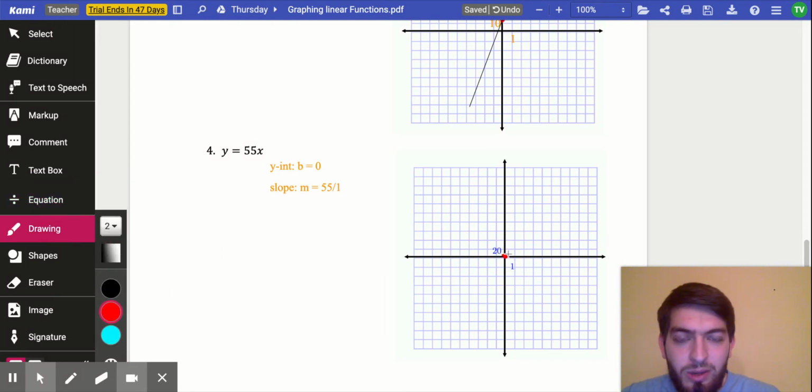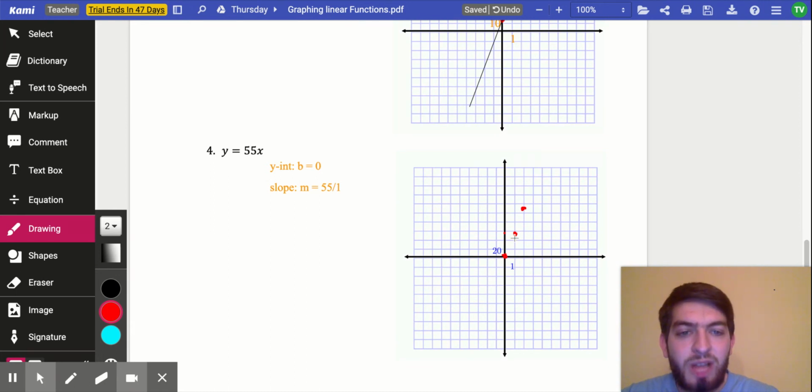So let's go up 55, 20, 40. This would be 60, so we're somewhere in here, and over 1. Up 55 over 1. Let's go up 55 over 1 again. So 20, 40, and a little bit less than 60. So 55 should put me about here. And we need to go over 1 also.